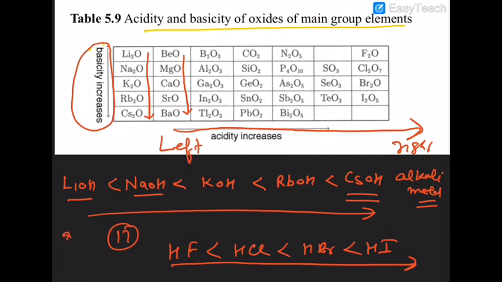In group 17, I am repeating once more, the acidic strength of hydrides increases down the group.